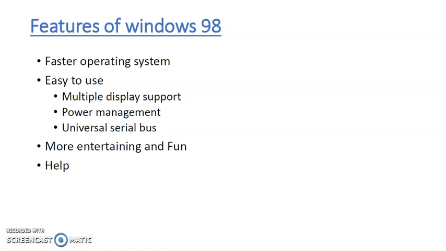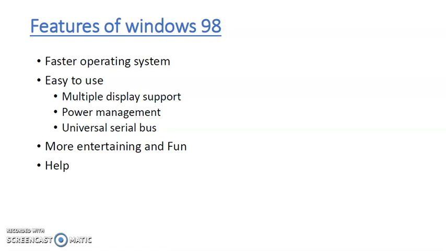Then the other features of Windows 98 are more entertainment and fun. It makes your computer more entertaining by introducing new features like television and video playback, and it also supports new hardware. Then Windows 98 provides the help feature.